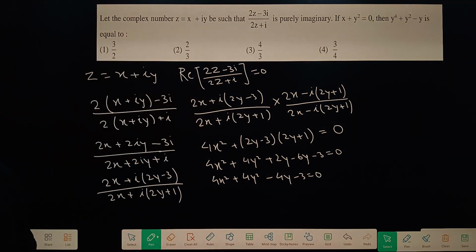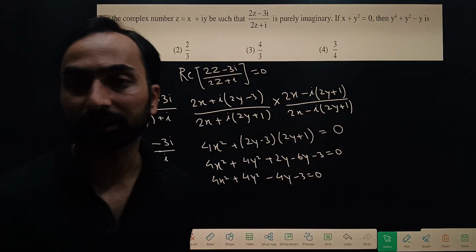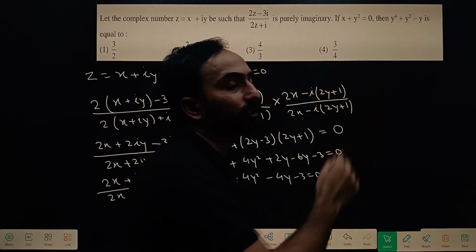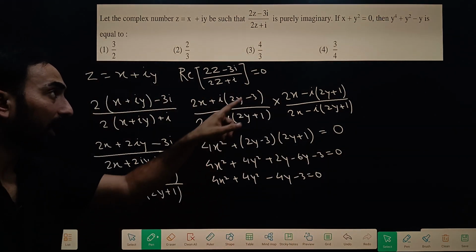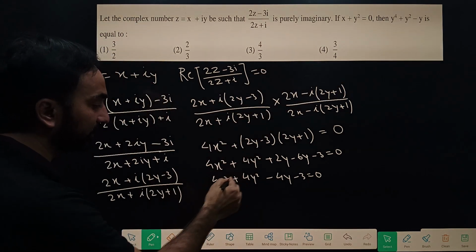Also, one more equation is given: x + y² = 0. If we take y² to the right-hand side, we get x = -y², and we can put this in the equation.